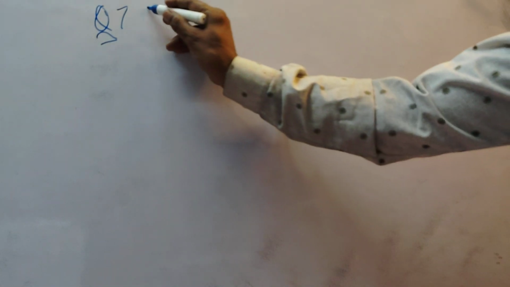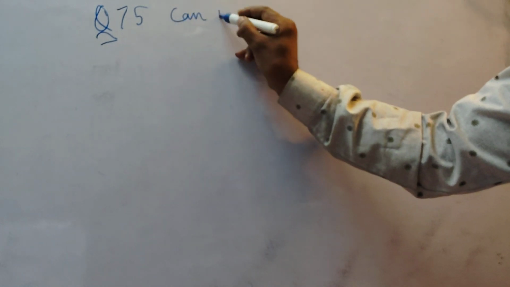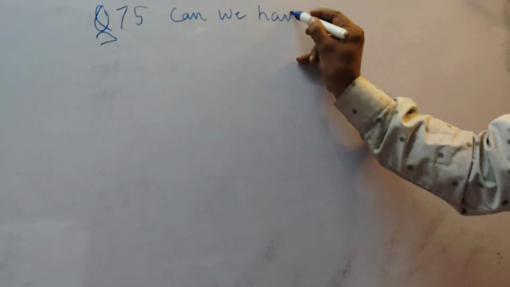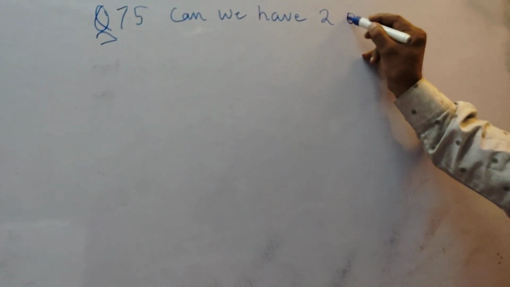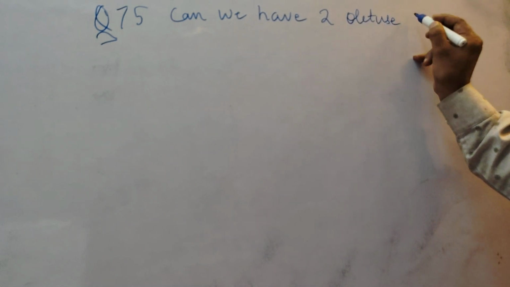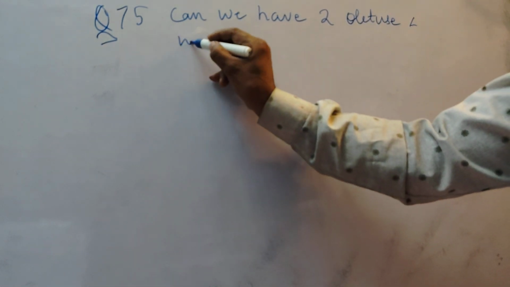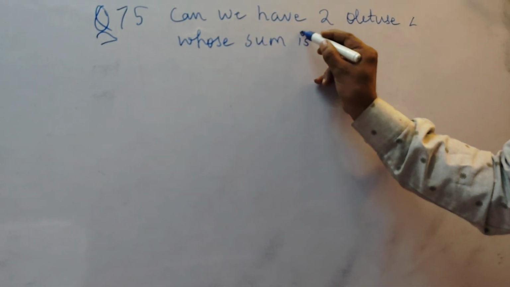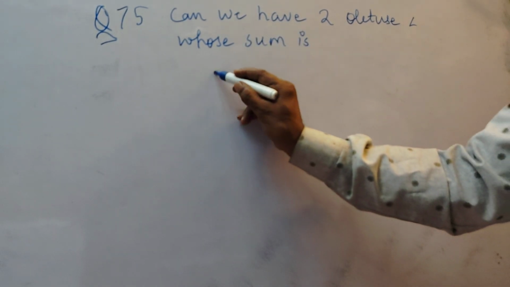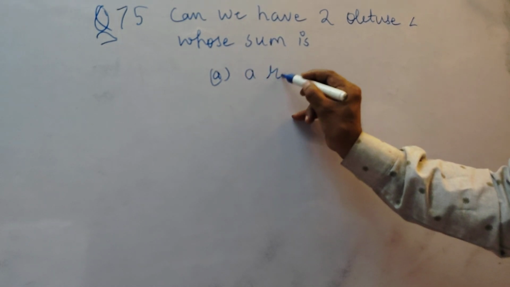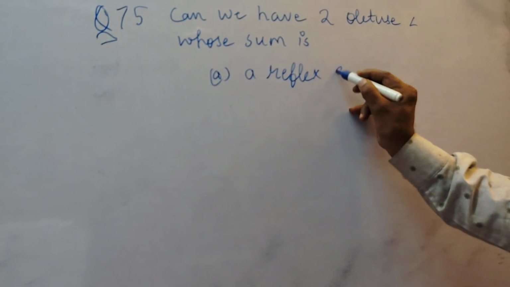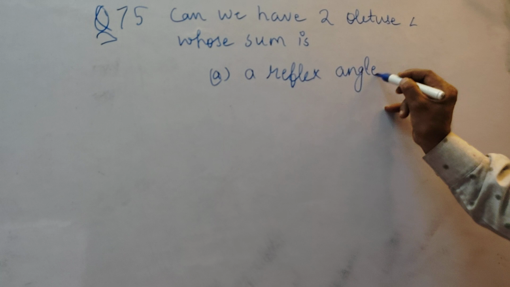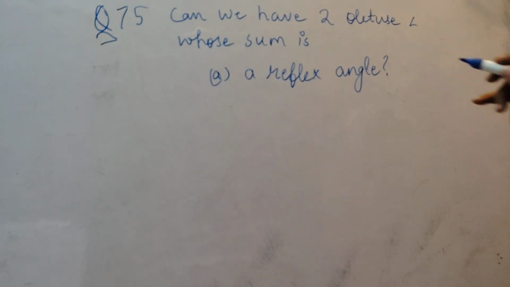Question 75: can we have two obtuse angles whose sum is a reflex angle? Why or why not?